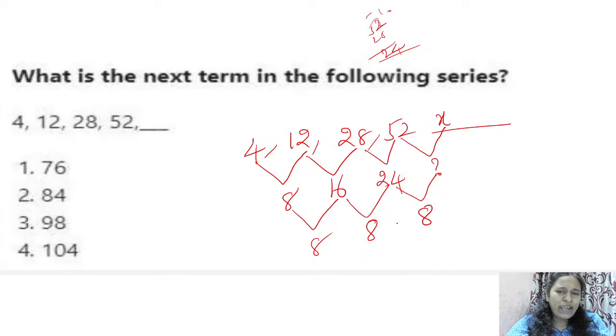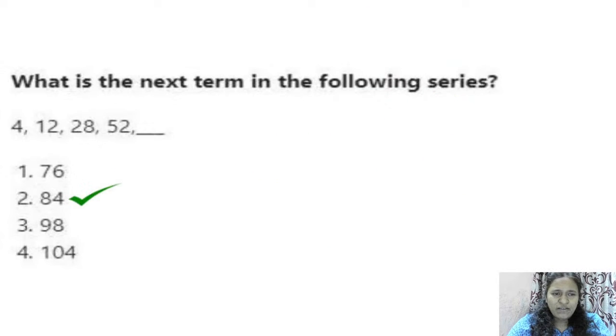This also will be 8 because all the differences are 8, 8, 8. That's why it is also 8. That means what is this value? This value becomes the addition of these two, that means 32. Then what does this become? 52 plus 32. That is how much? 84. 84 is the right answer here.